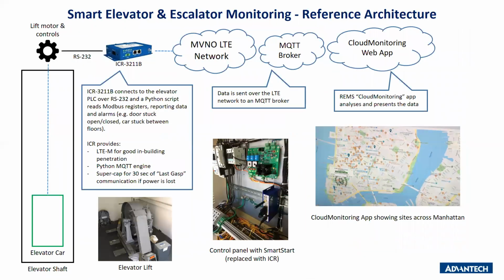Here's how they do it. Okay, so on the left-hand side, this is obviously just a simplified image here, but the elevator car is going up and down. Here's the lift control and motors. That's making an RS-232 connection to the ICR.